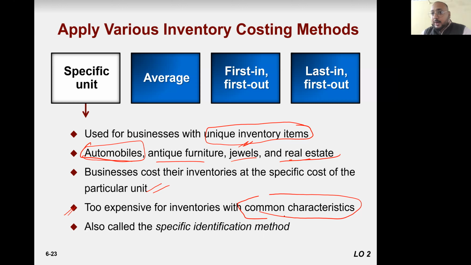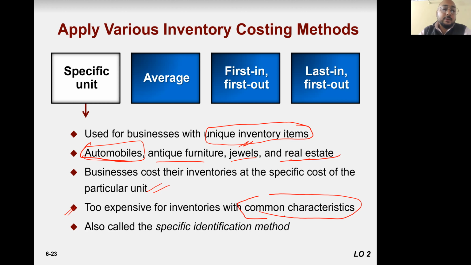If they are making jewelry with the same standards, same design, then it is very expensive, because for each jewelry you need a cost, and it is sometimes hard to find out, for example, how much light has been used on one ring if it is standardized. But if it is unique, then you can easily find out how much has been used, how much labor has been used. If it is a common, standardized characteristic, it's going to be hard.